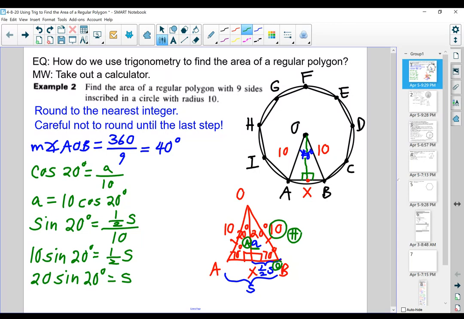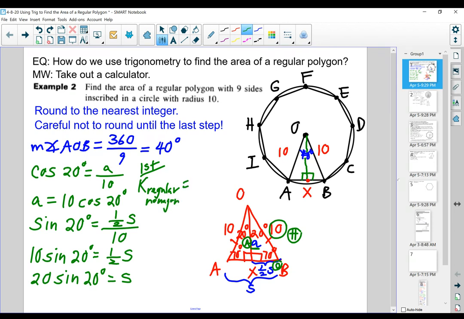So we have a couple of ways to do this. One way, the first way, is to find the area of this regular nonagon.